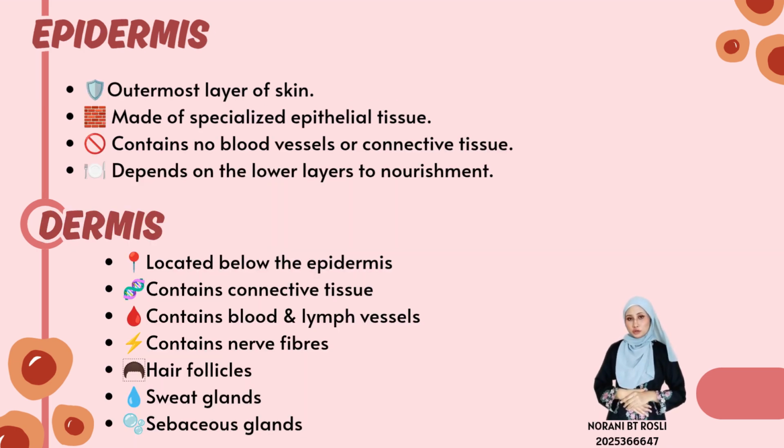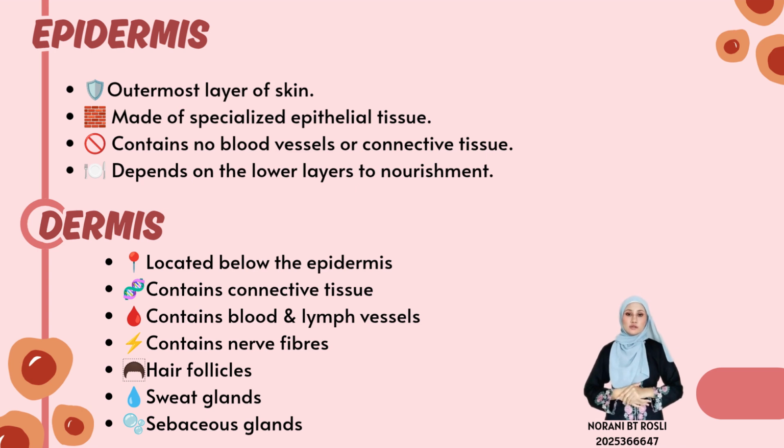Now, we will go through the first layer of the skin, which is epidermis. Epidermis is the outermost layer and acts as the body's first line of defense. It protects the body from bacteria, viruses, harmful substances, and excessive water loss. The epidermis is made of specialized epithelial tissue and does not contain blood vessels.